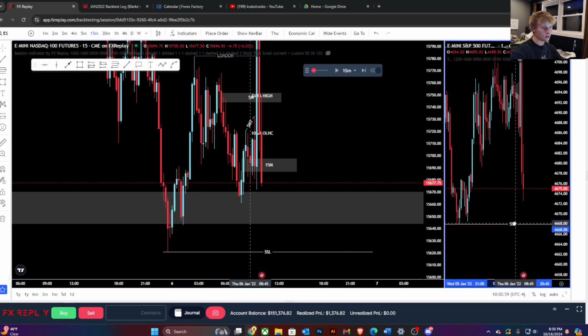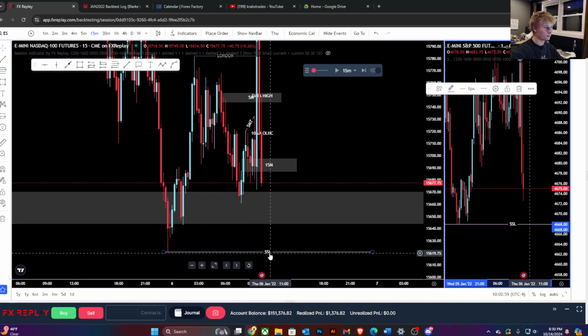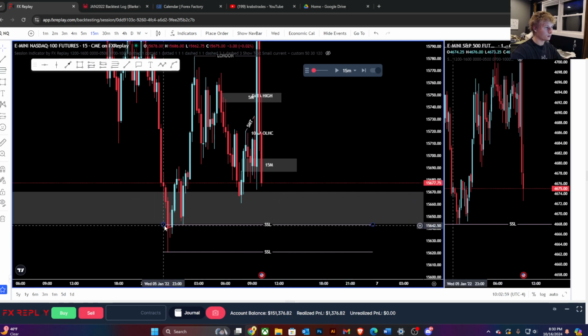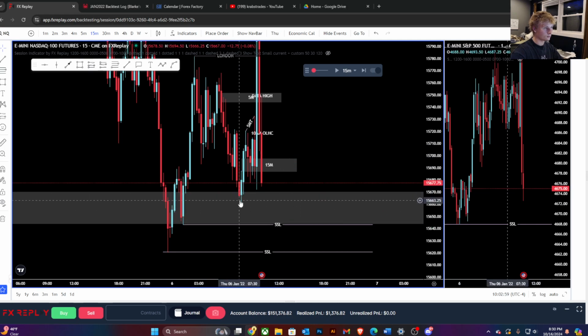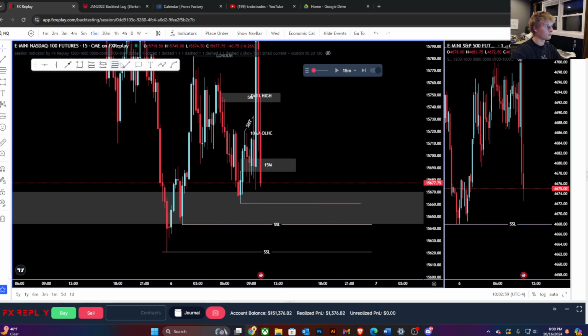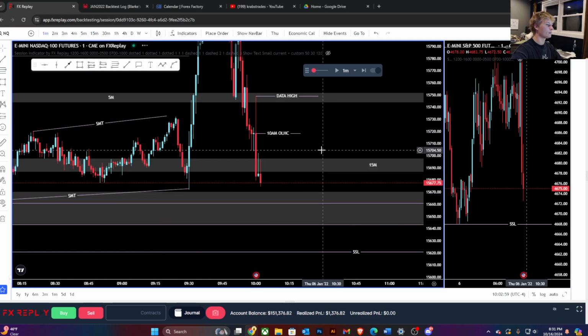But ES still has a sell side. Mark out these lows. But this low right here is a SMT. Bullish SMT, so we'll keep that in mind, but let's see what we do.